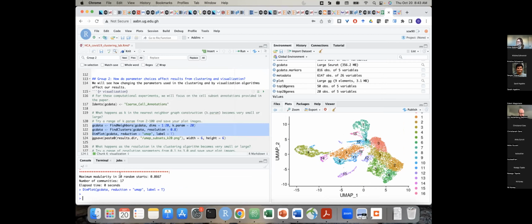Anyone have a guess what will happen if I increase the k to, say, 50? Anyone have a guess, or not even a guess, but a hunch? Or anybody from group 2 want to say?